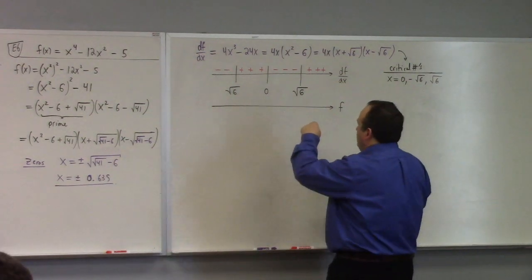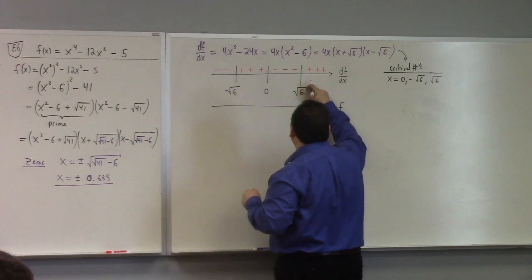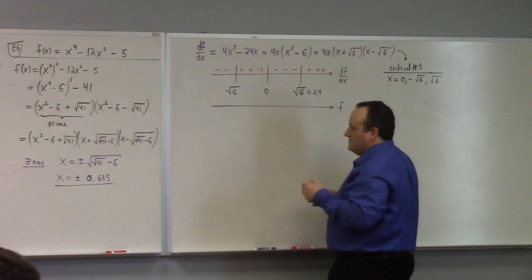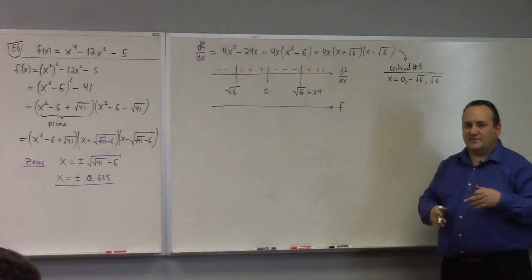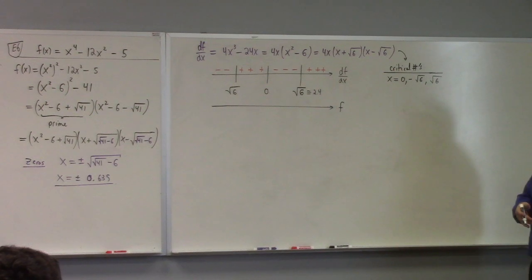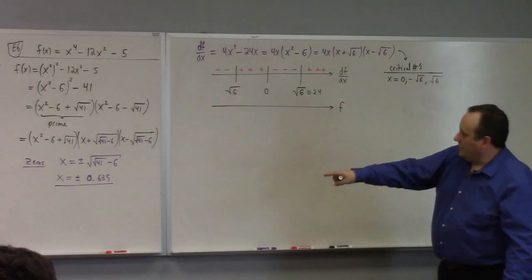So square root of 6 is what? It's about 2.4-ish. 2.45, something like that. Right, because 2.5 squared is 6.25. So the square root of 6.25 is 2.5, I think. So that's about it. And so my zeros are at about 0.65.